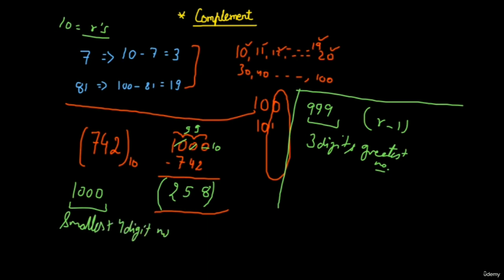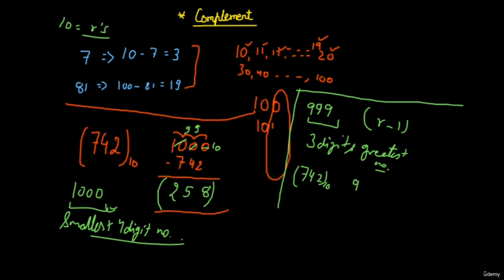So we can take it in two possible ways. First, by comparing from the smallest. Second, from the biggest. In the biggest one, let's say we need to find 742's complement again, but this time we need the r minus 1 complement, or 999, we wish to use.